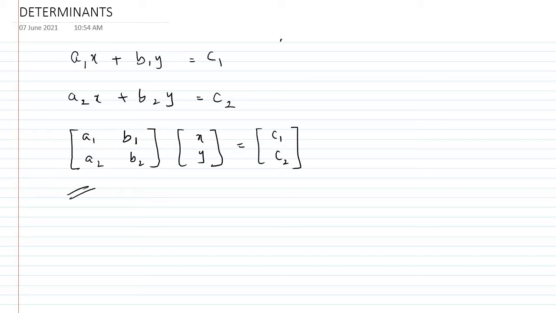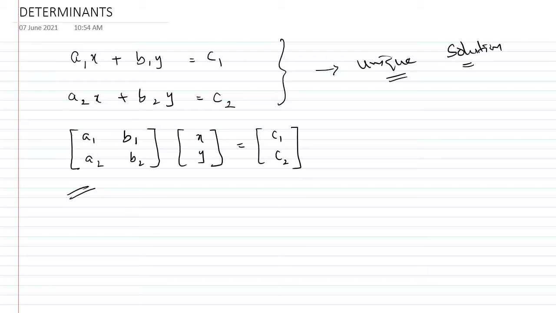So recall the unique solution: when does the pair of linear equations have a unique solution? When the two lines intersect, they have a unique solution.